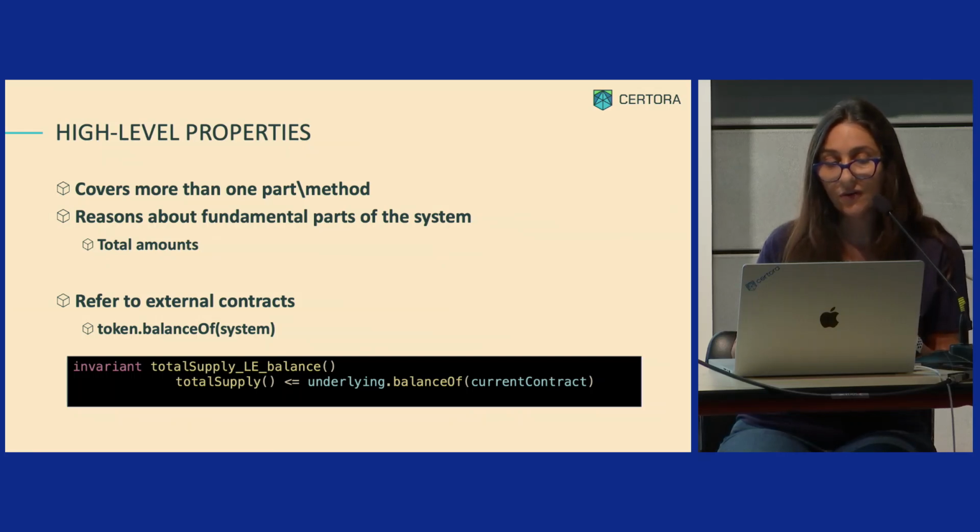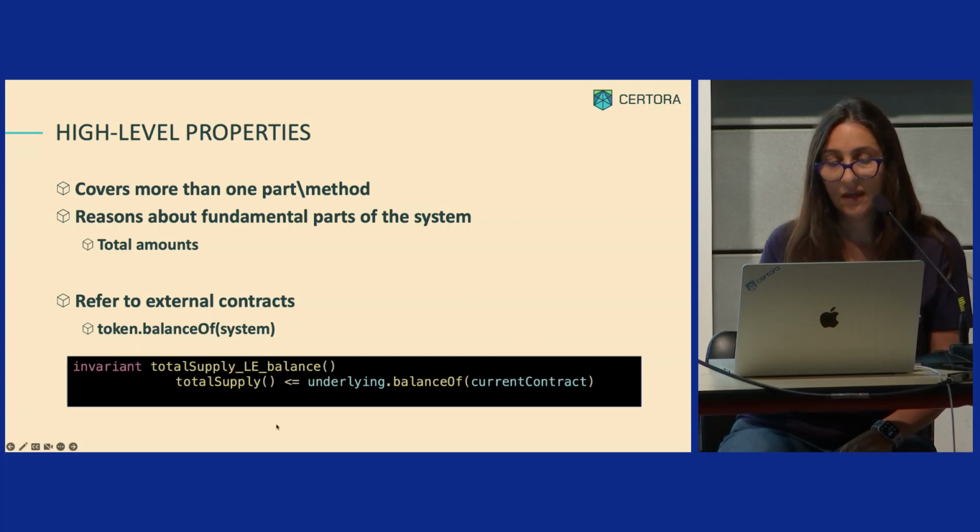We can also refer to external contracts. So I can ask how much asset the system actually holds in another token, in another contract. For example, the total supply should be less than or equal to the balance of some underlying token held by the current contract.